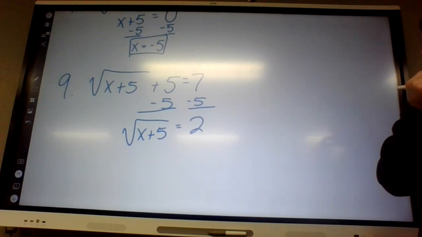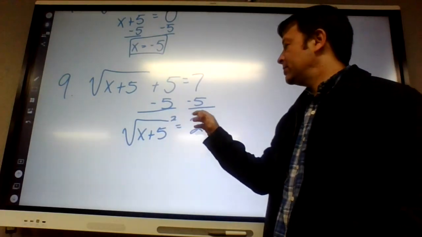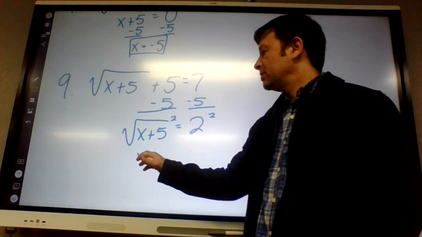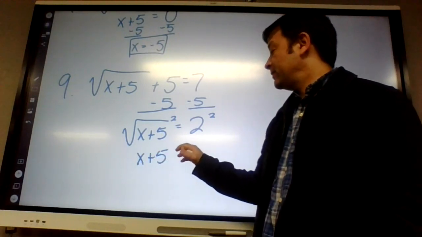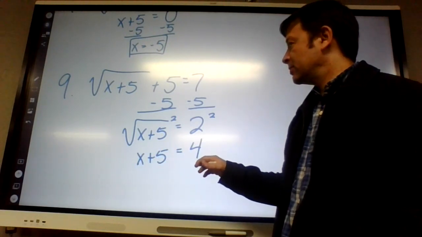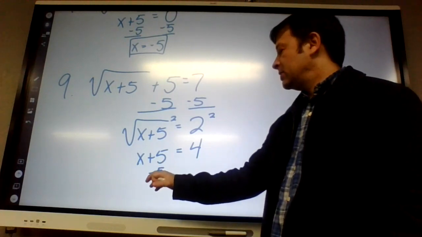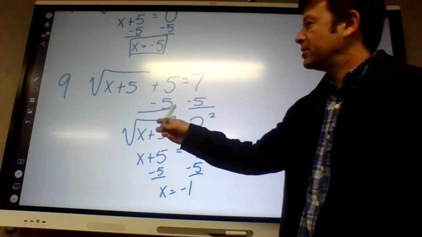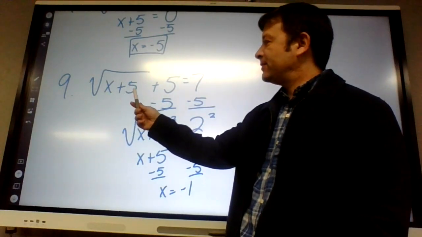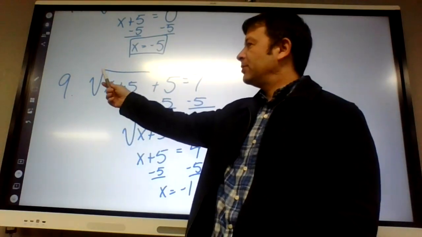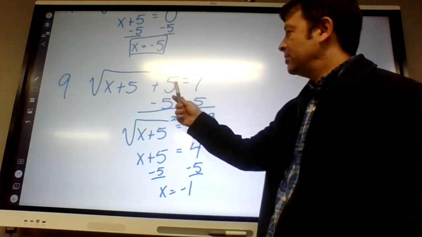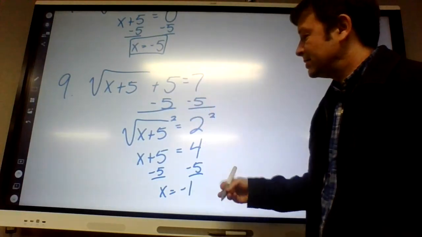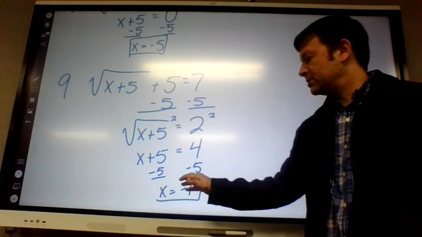You have to do the 2. Square it. x plus 5 equals 4, x equals -1. Does it work? -1 plus 5 is 4. Square root of 4 is 2. Plus 5 is 7. Yeah, it works.